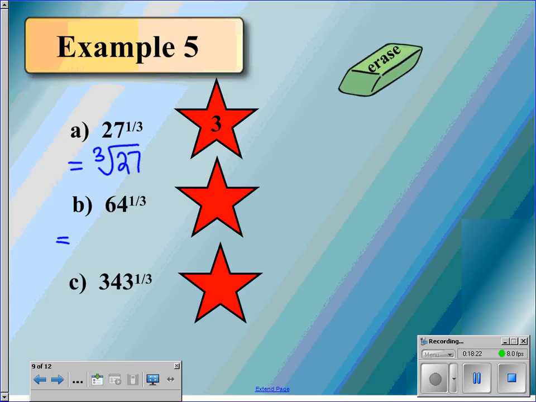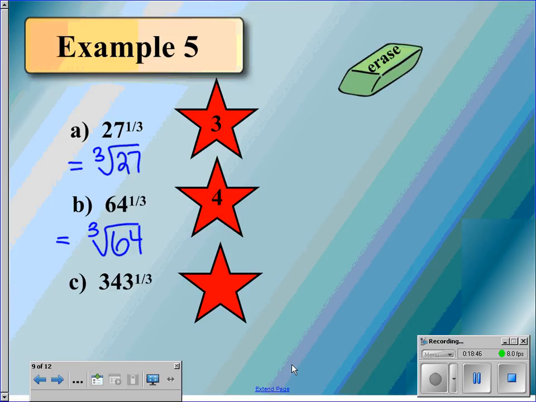What's the 1/3 power mean? Cube root. Cube root of 64 is 4. Perfect.